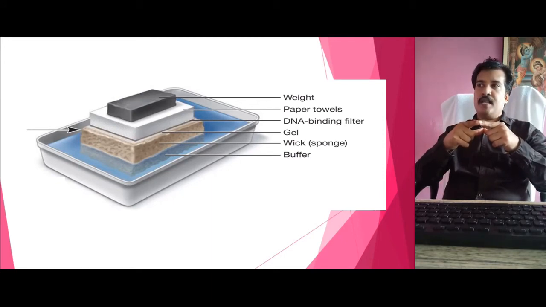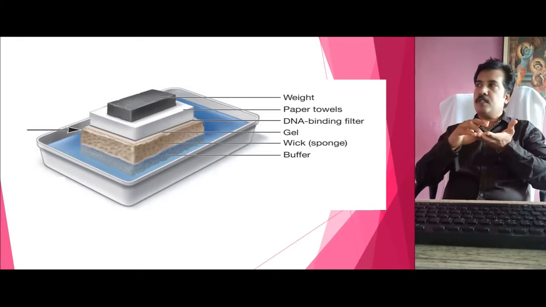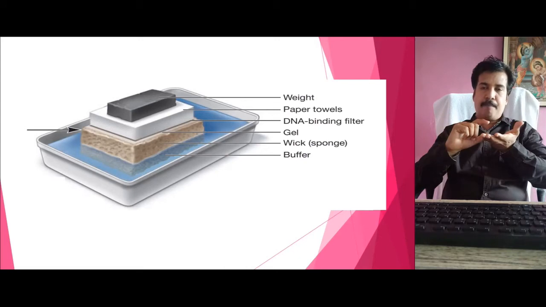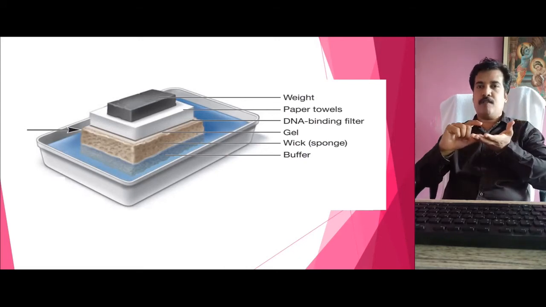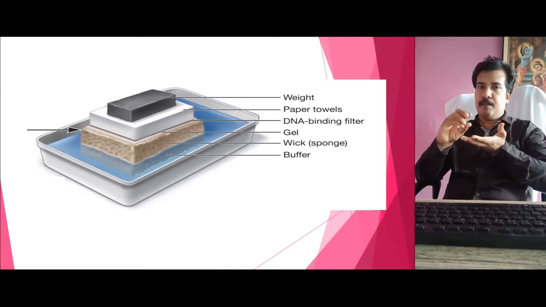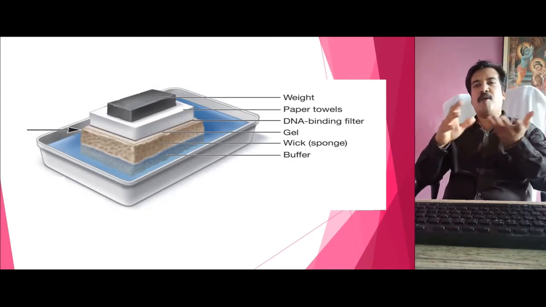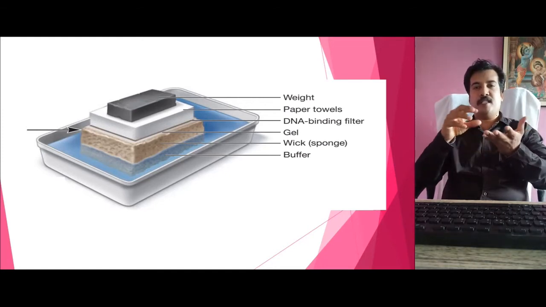Over that we keep the nitrocellulose paper. Then after the nitrocellulose paper, we keep a pack of about 7 to 8 filter papers. Then we keep 3 to 4 cloths, then a glass, and finally a weight of about 1 kilogram, as appropriate.